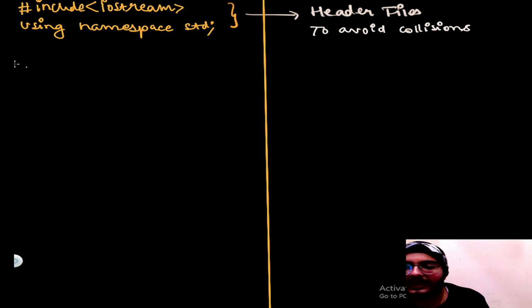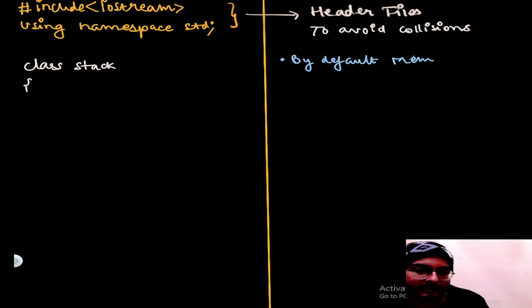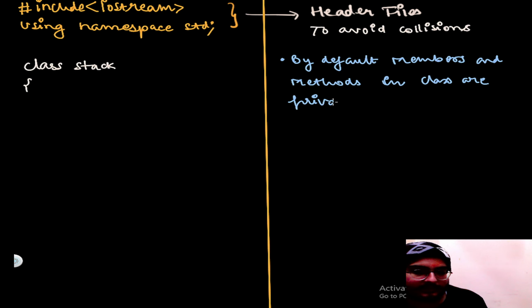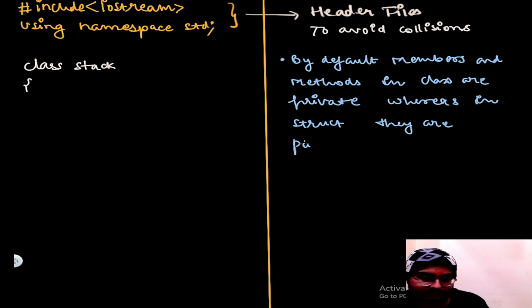Now we have to implement a class. So we have class Stack in which we have some private things. Let's note the point over here: by default, members and methods in a class are private, whereas in a struct they are public.